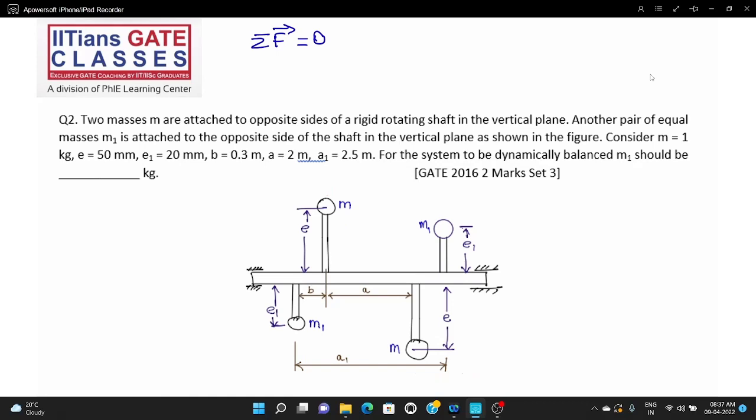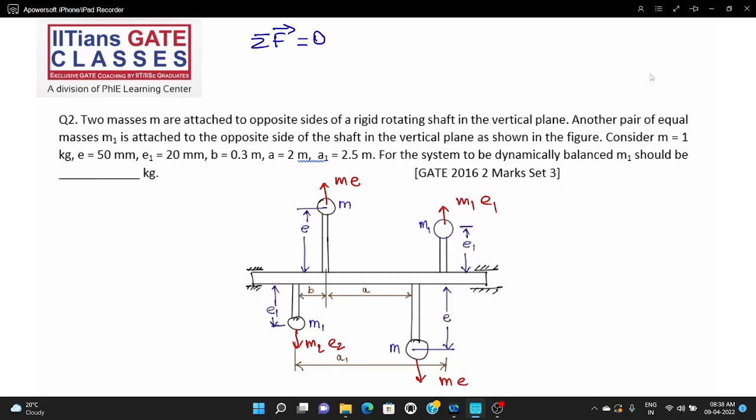The system is statically balanced, because if I write it in full, this is going to produce M e omega square. This is also going to produce M e omega square. Not writing omega square because omega square will be everywhere. This is also going to produce M1 e1 omega square, and this is also going to produce M1 e1 omega square.